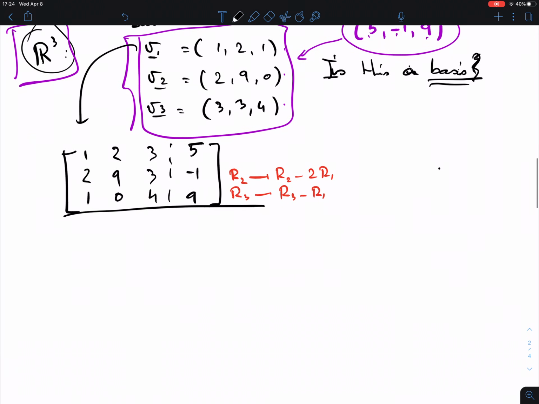I'm using this pivot. I get, so first -2, I get 0, 5, -3, -10, -11, and then -1 to this one. Oh, sorry, I forgot to write my first one. Yeah, and now the last row is then 0, -2, 1, 4.